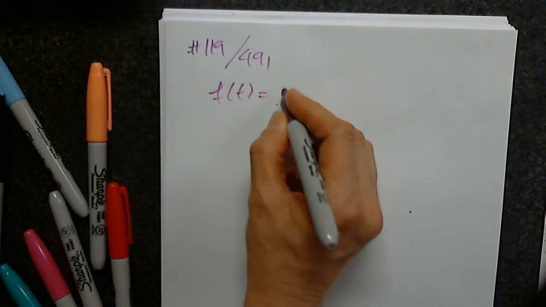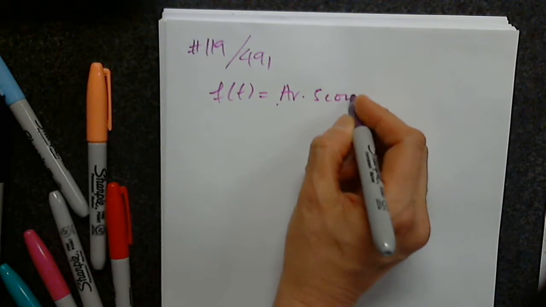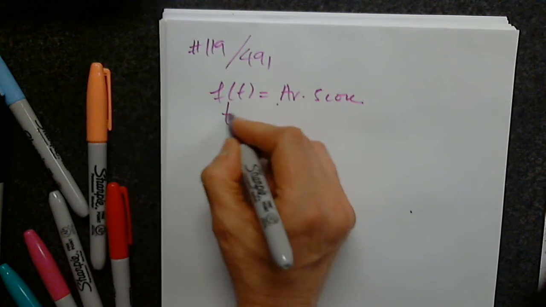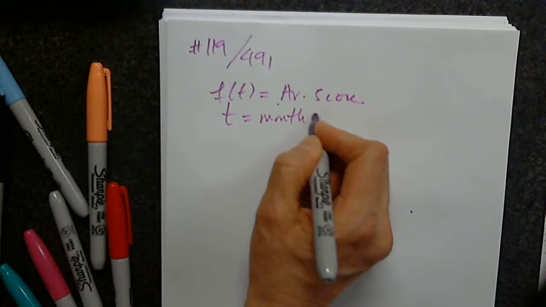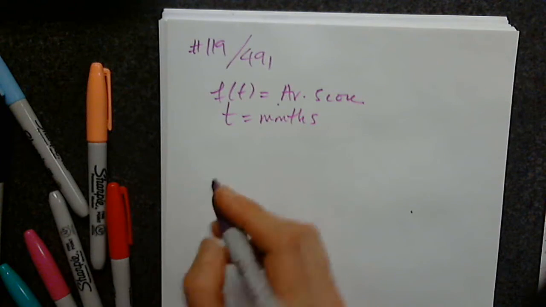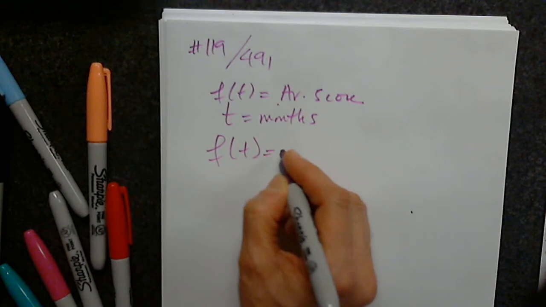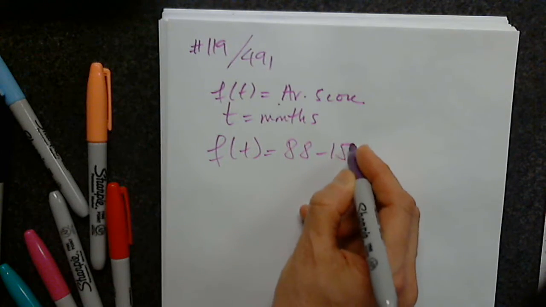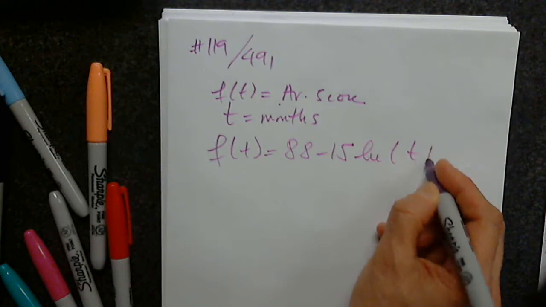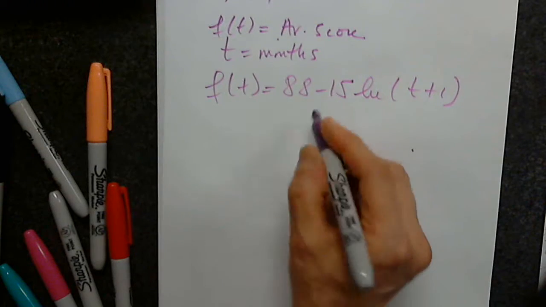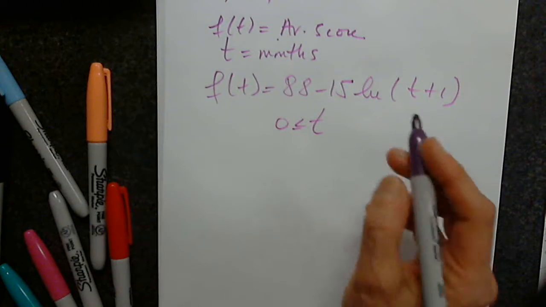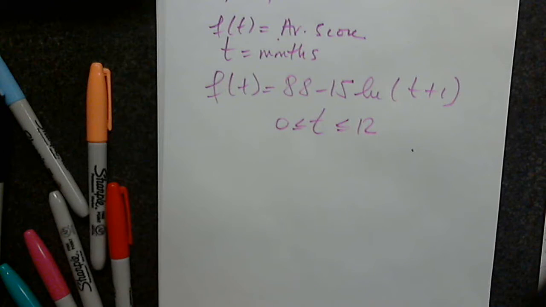The average score for the group, f of t, after t months, was modeled by the function f of t equals 88 minus 15 natural log of t plus 1, for t between 0 months and 12 months.